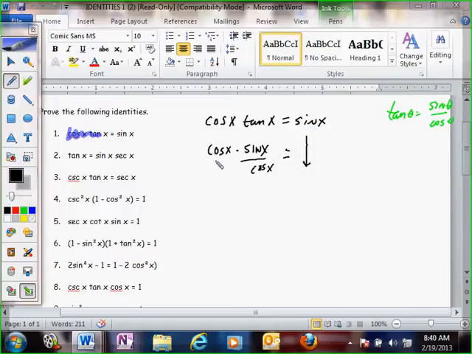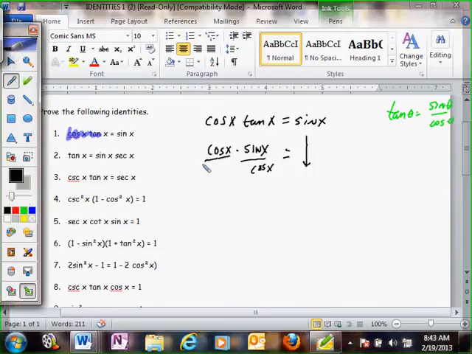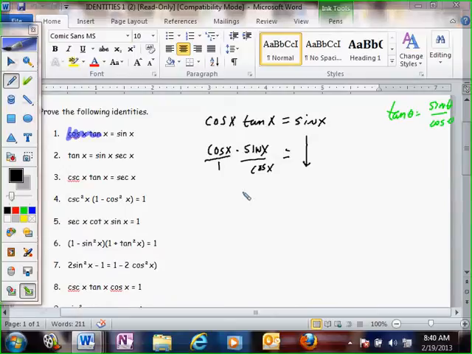I've got multiplication going on, and I've got a cosine x times a fraction, so I can make this cosine x a fraction by putting it over 1. If you remember your cross-reducing properties and multiplication with fractions, these two cancel each other out. And so this becomes a 1 and this becomes a 1.